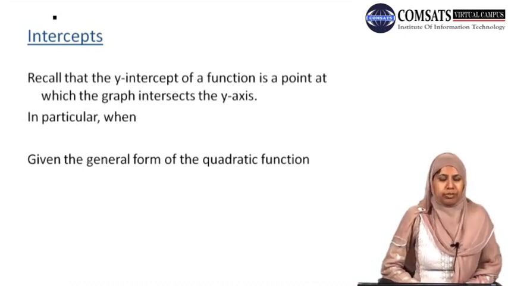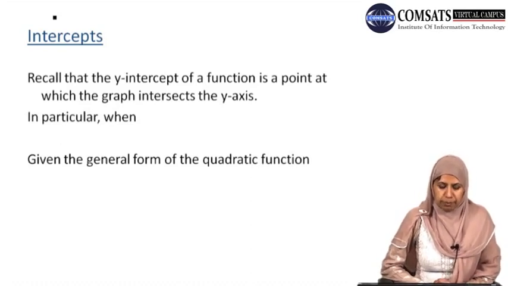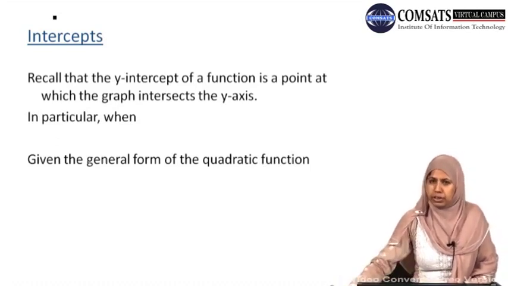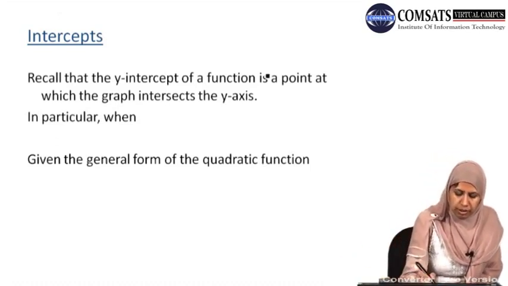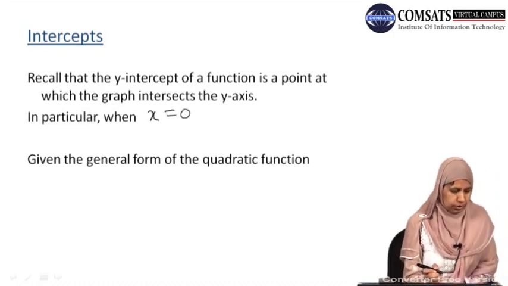First we will talk about the y-intercept. If we recall from our second chapter, the y-intercept of a function is the point at which the graph intersects the y-axis, in particular when x is equals to 0.